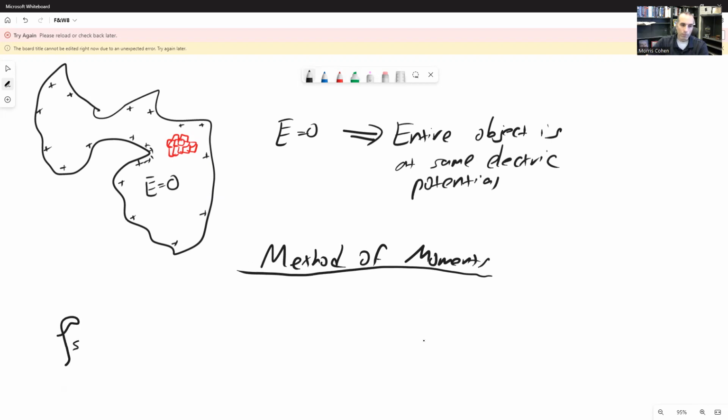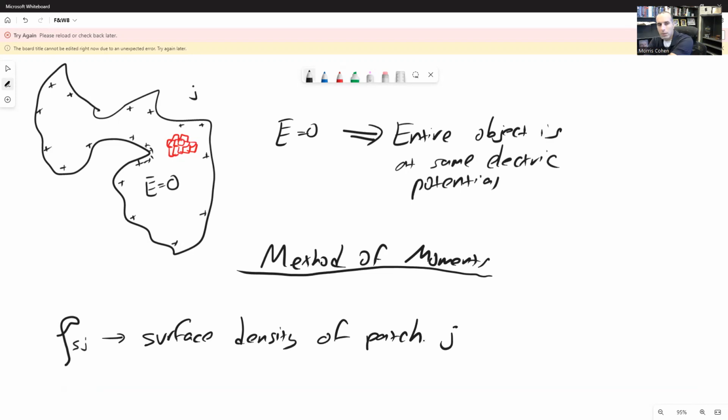Rho Sj is the surface density of patch j. There are going to be a lot of different patches. Let's say there are n patches in total.